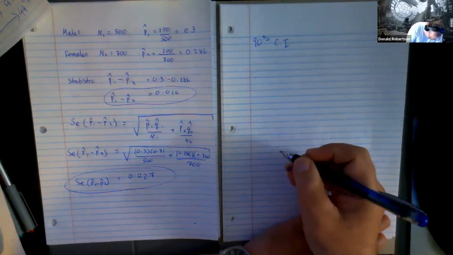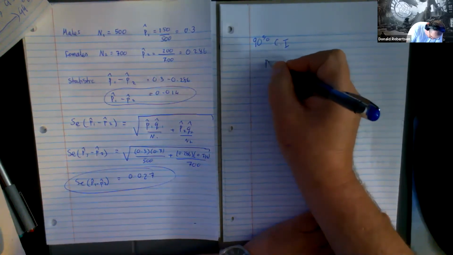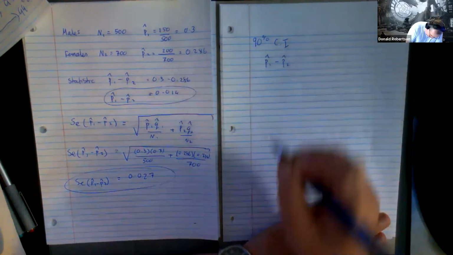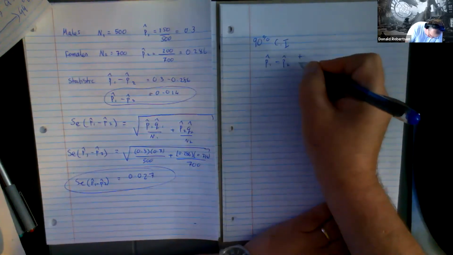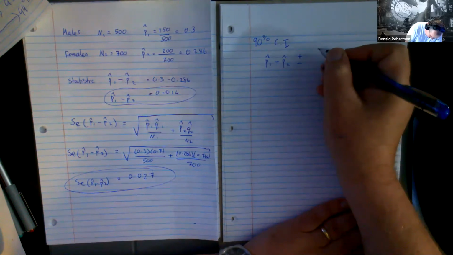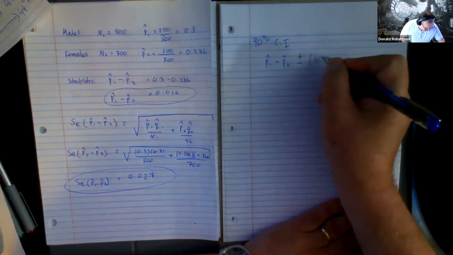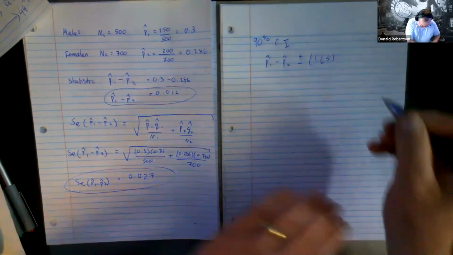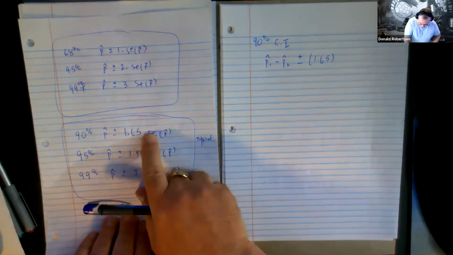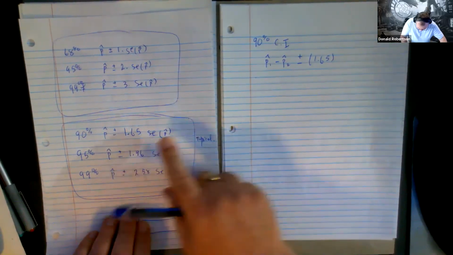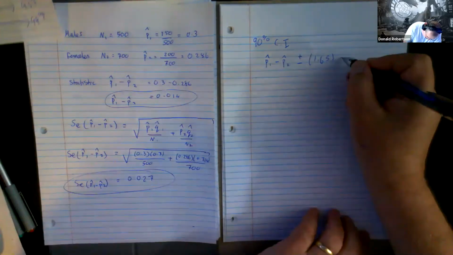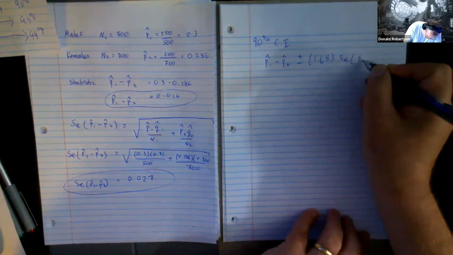Now, the formula for getting it is going to be p1-hat take away p2-hat, plus or minus the magic z-score for 90%. It's still 1.65. Right? The magic z-scores don't change just because the story's changed, times the standard error of p1-hat take away p2-hat.